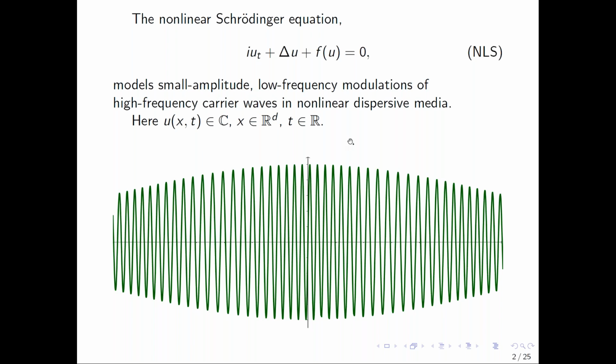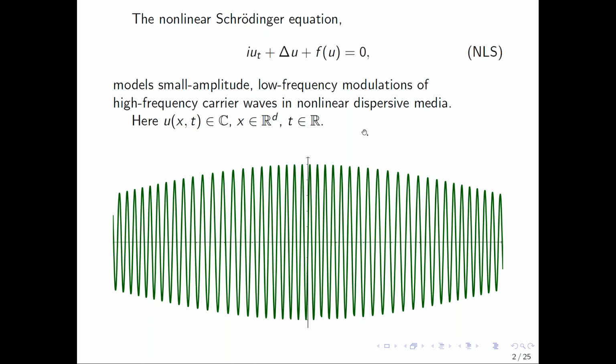The nonlinear Schrodinger equation does have some physical applications. For instance, it models waves on the surface of deep water. It also comes up as a model in nonlinear optics and in Bose-Einstein condensates, I think in a cigar-shaped trap.